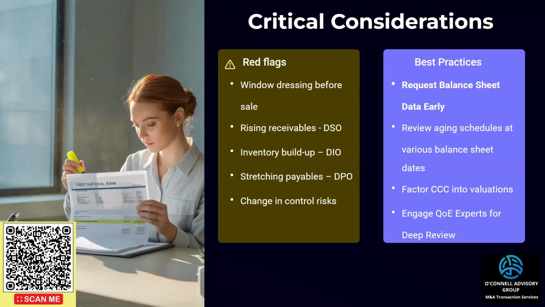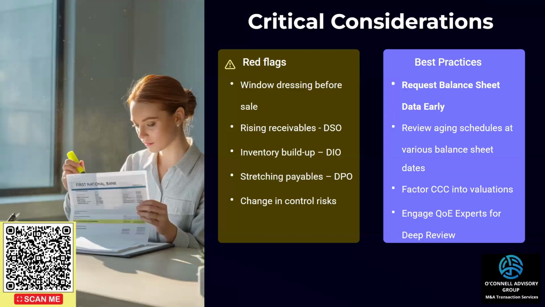Whenever we analyze these aged balances, we should look at the balances which are, let's say, more than 60 days, more than 90 days. If a significant portion of these balances are in more than 90 days or more than 60 days period, then we should ask the seller about why these are due.